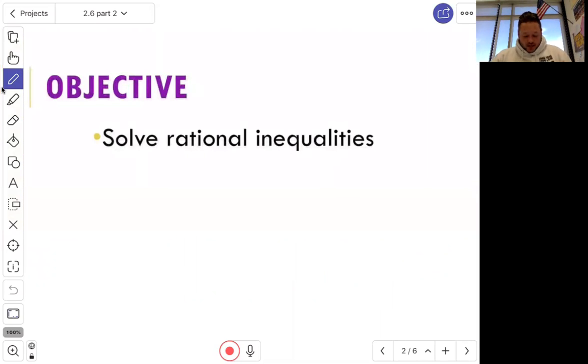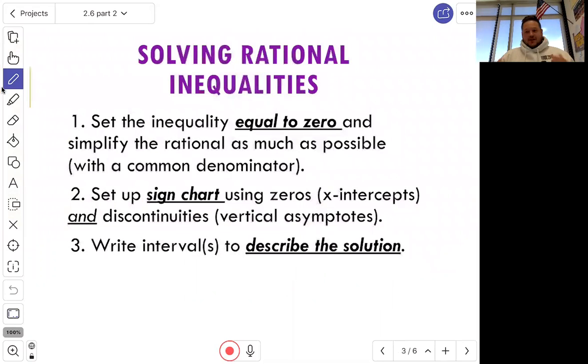So your objective today is to solve rational inequalities. We just talked about that. Here are the steps. The first thing you want to do is set your inequality equal to 0 and then simplify the rational as much as possible. A lot of the time you will have to find a common denominator because you're going to be adding and subtracting fractions.